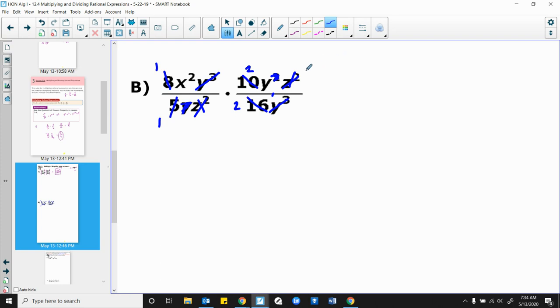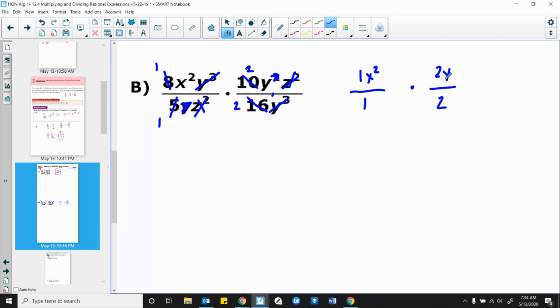All right. So now what am I left with? Let's write that down first. So I have 1x squared over 1 times 2y over 2. Wow. That is a lot easier to work with right there, if you ask me. Okay.